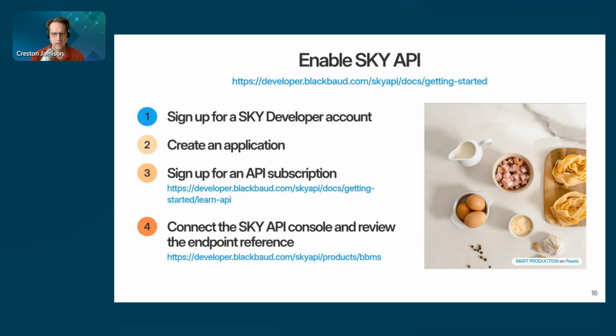And then I would start reviewing the endpoint reference, and you can even connect the Sky API console so that you can use it within the endpoint reference to send sample calls. This is great to do a test and say, okay, everything seems to be working, and at least get familiar with the Sky API if you haven't already.